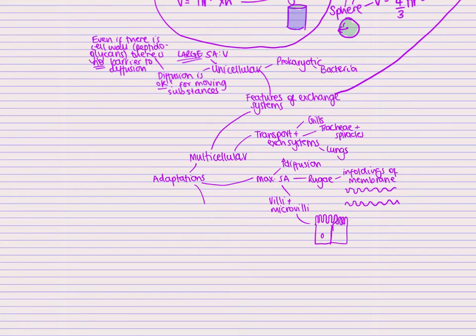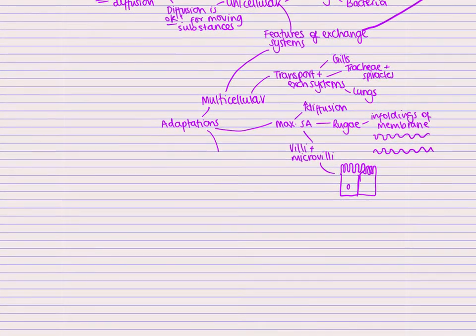Similarly, most of our exchange surfaces or our transport surfaces have got a thin membrane. So if you think back to the alveoli, if you think about the small intestinal walls, there's going to be generally only one cell separating a medium, so a transport medium, things like blood, and the location of the substance that we're trying to take in.